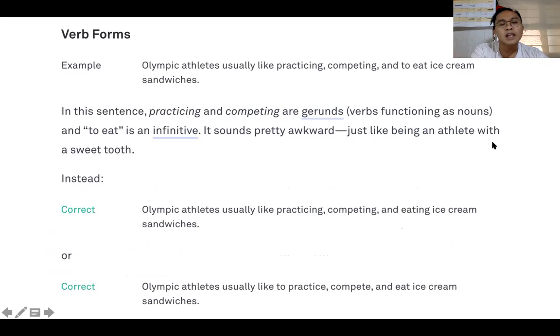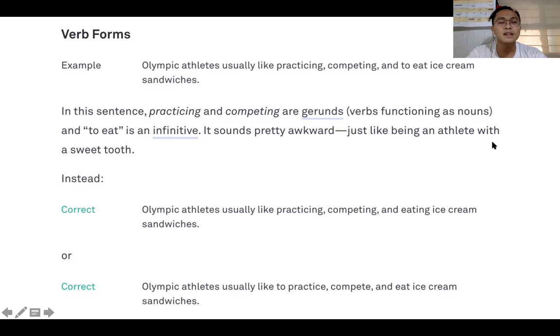Pero it is actually a wrong practice in writing in English. Unang-una, halimbawa dito sa example natin, Olympic athletes usually like practicing, competing, and to eat ice cream sandwiches. So dito pa lang, pag nakita natin siya and we're not careful about parallelism and balance in the sentence, parang wala siyang mali kasi okay naman yung sentence.